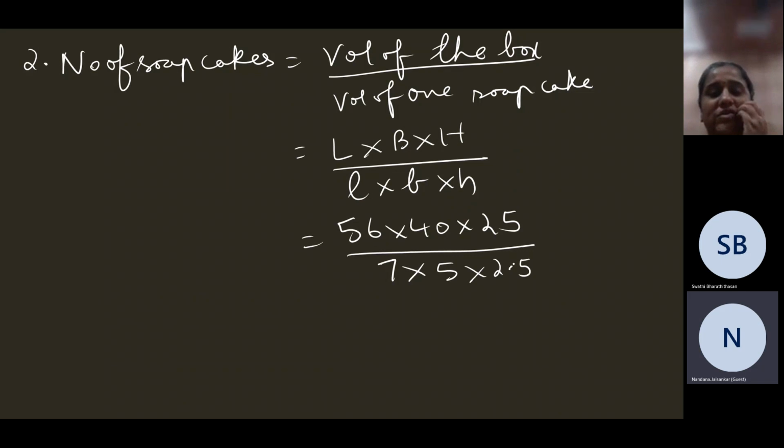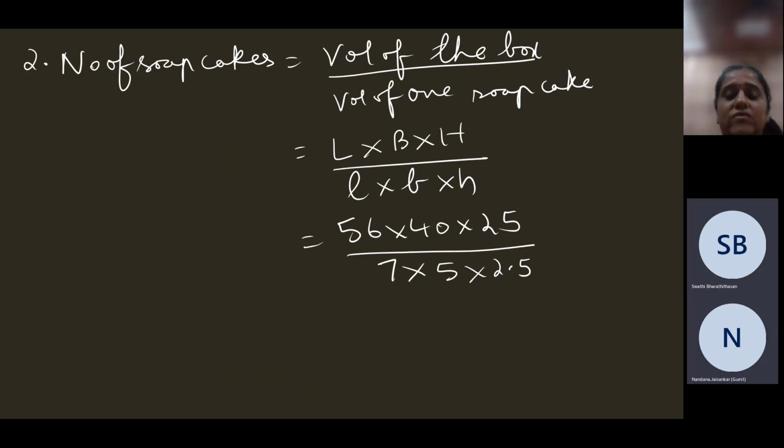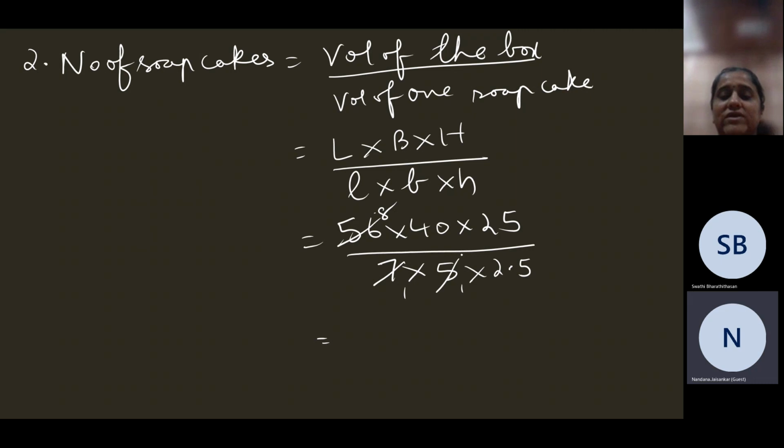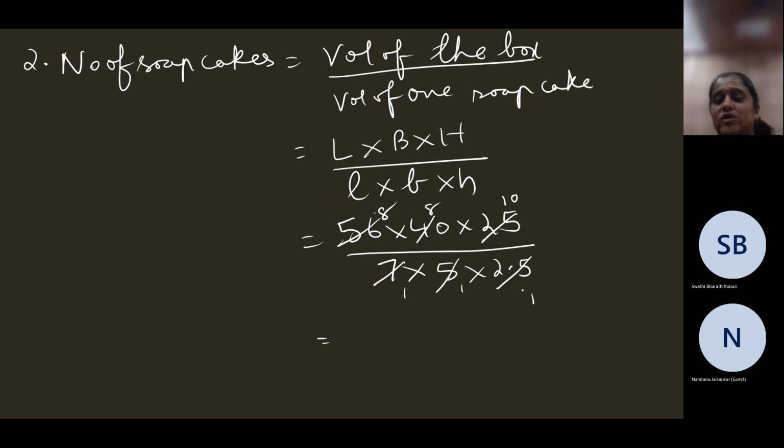So basically, ma'am, we get 56,000 by 87.5. 7 ones are 7, 7 eights are 56. 5 ones are 5, 5 eights are 40. 2.5 into 10 is 25.